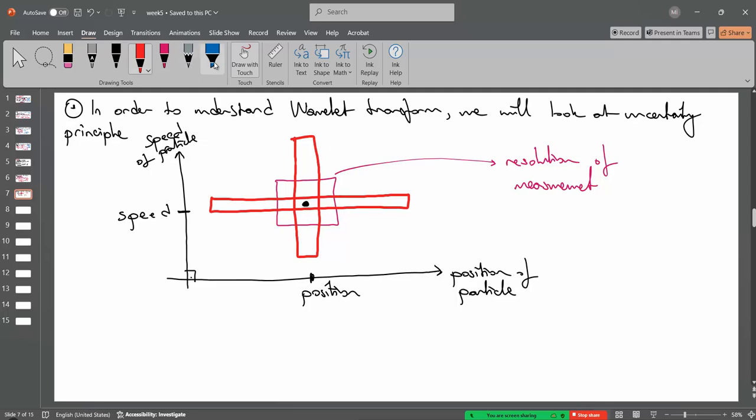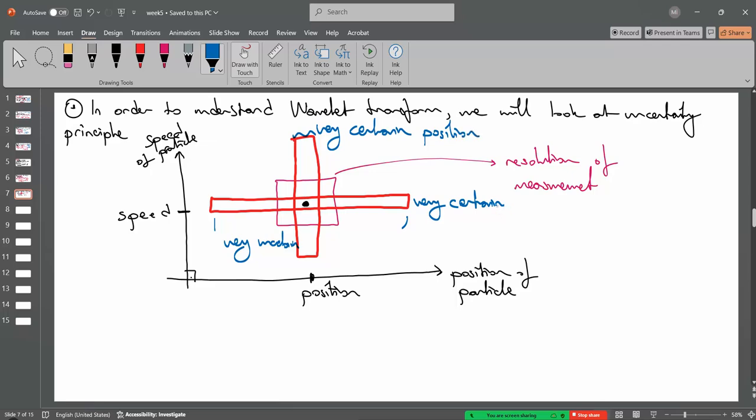And so this is very certain about the speed, but at the same time this is very uncertain about the position.